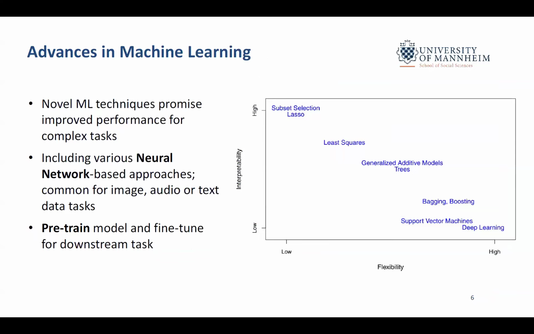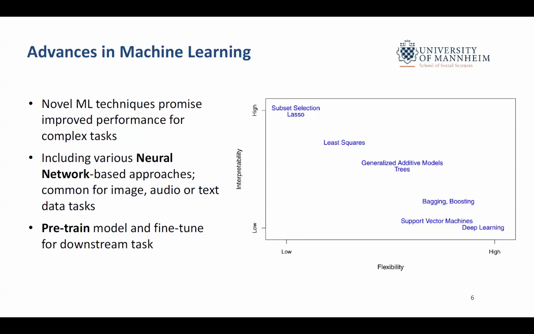However, there are also many novel techniques being explored and proposed in the machine learning community. Essentially, novel ML techniques are being proposed almost every week, all with the promise of improving prediction performance for complex tasks. The latest advances include various models based on neural network architectures.